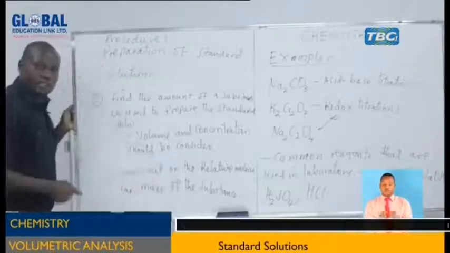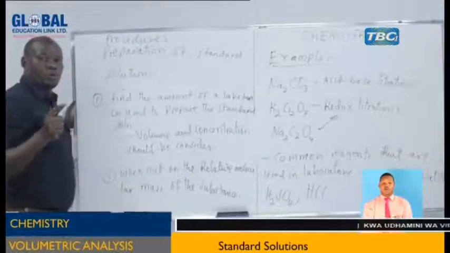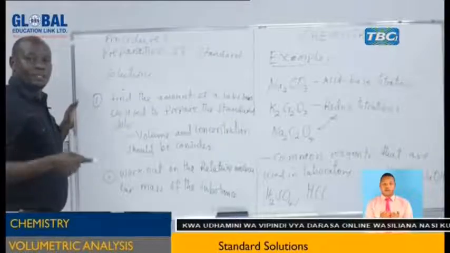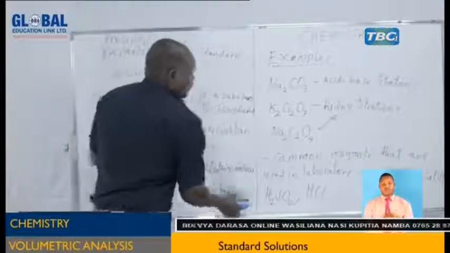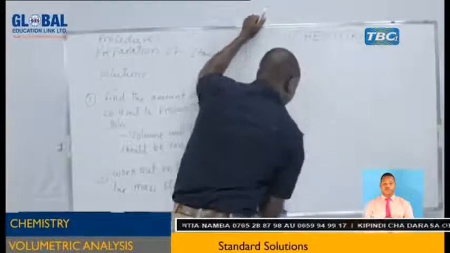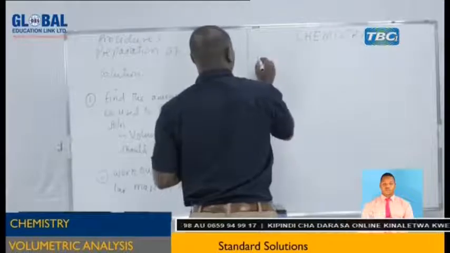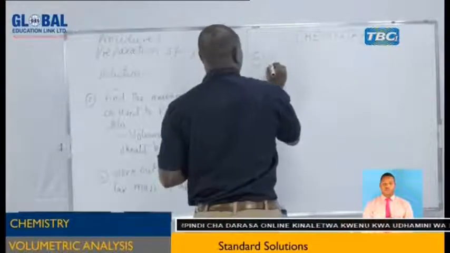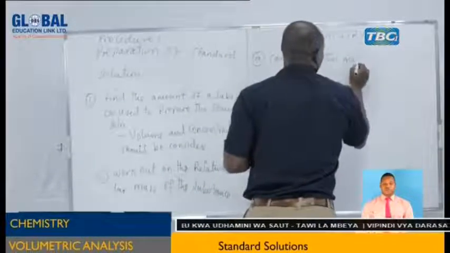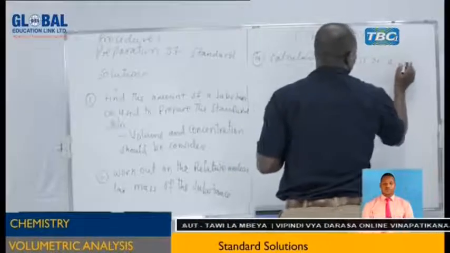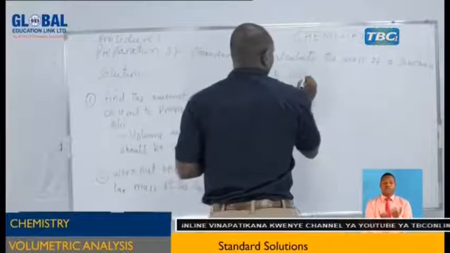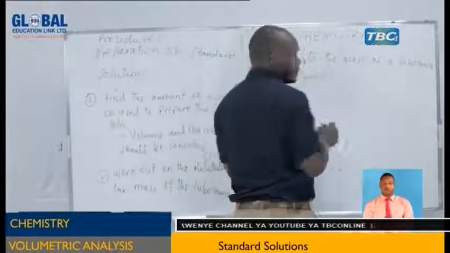The molecular mass of a substance will help you to determine the mass of a substance needed to be measured. So here you have to calculate the mass of a substance to be measured.